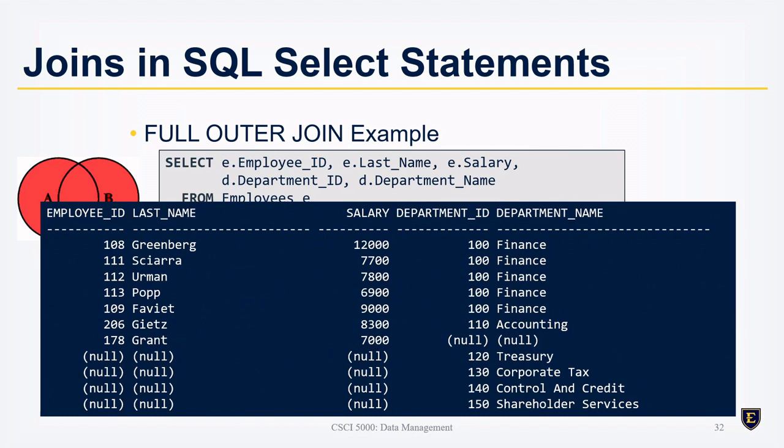So we have the situation where we had with the left outer join and with the right outer join, but they're unioned together, they're combined together.